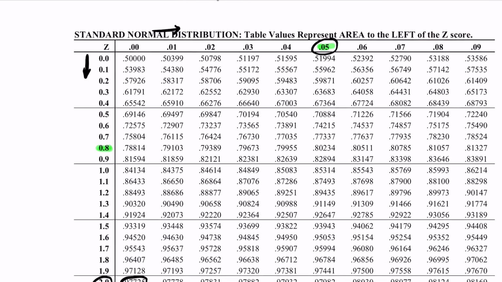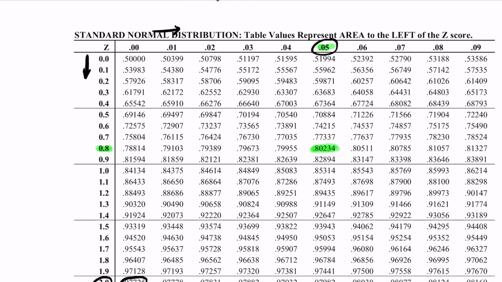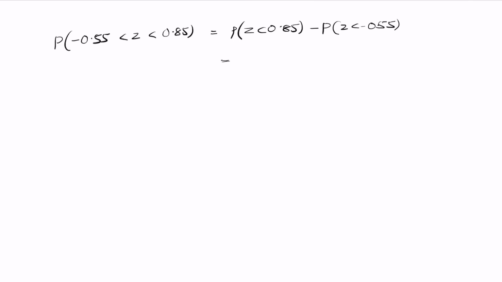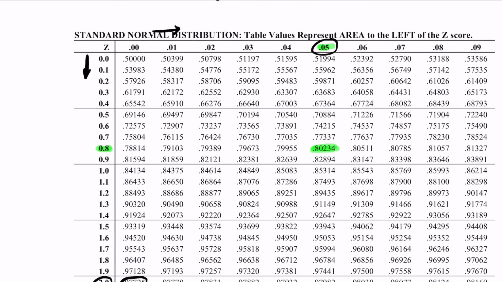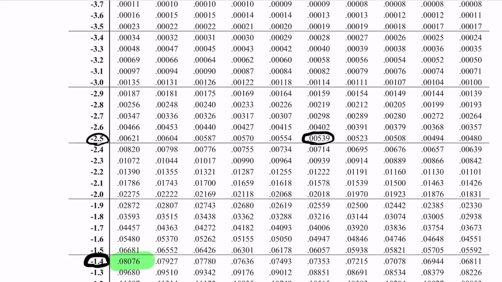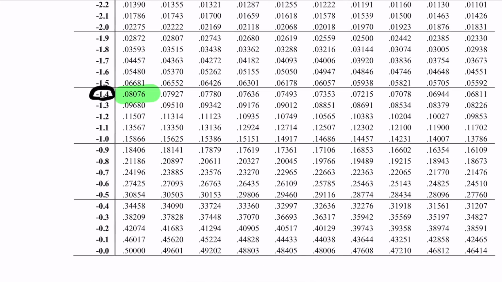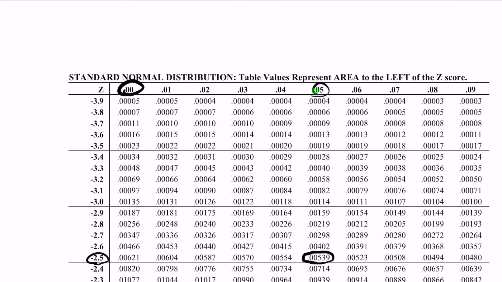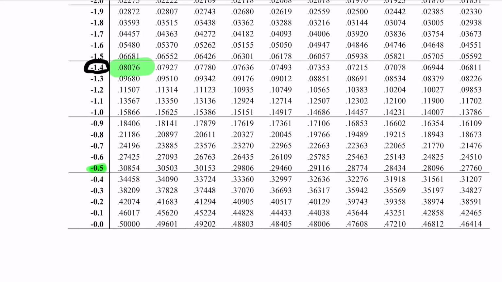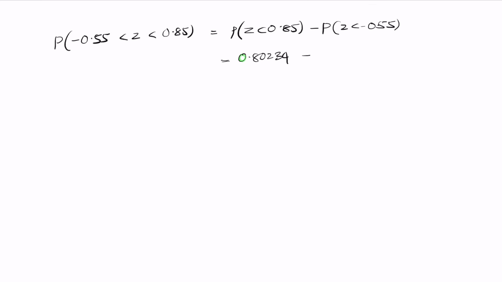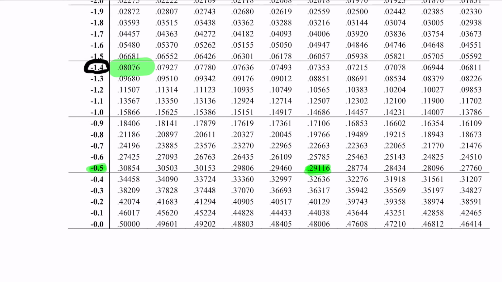So 0.85 becomes 0.80234. So write it down. 0.80234 minus the value for minus 0.55. So minus 0.5 and 55 is here. So in this one, this is the value, 0.29118. Sorry, 0.29116.